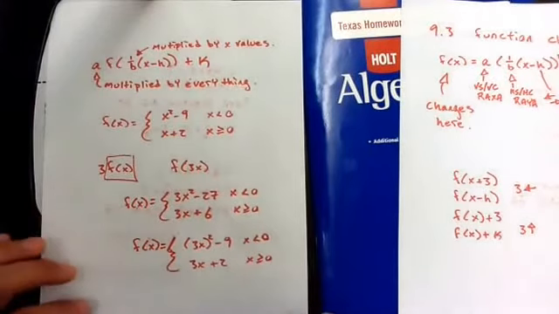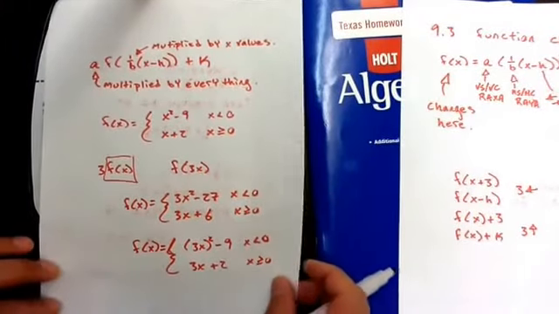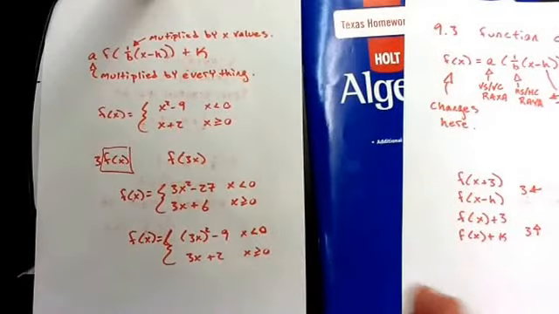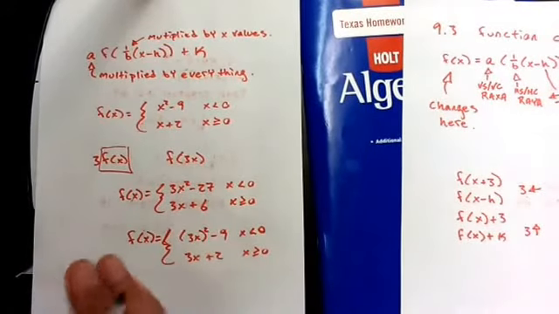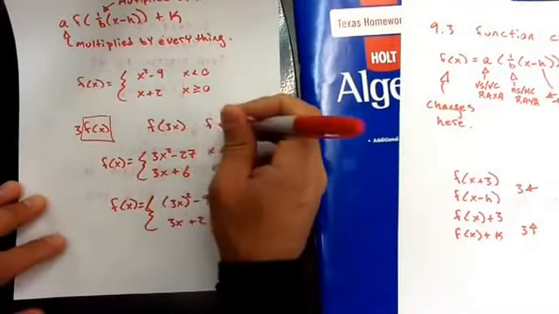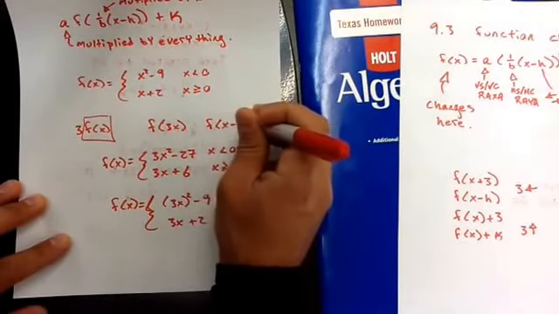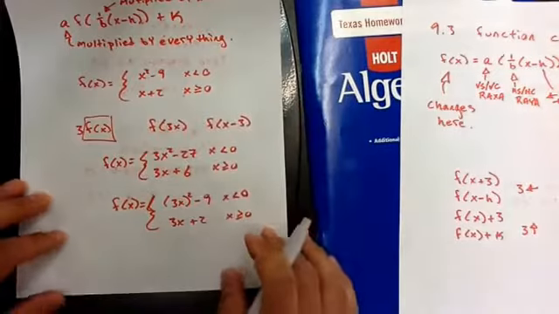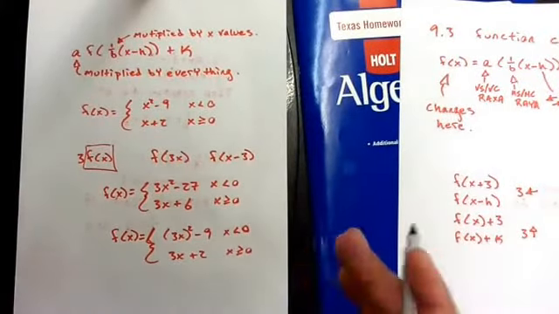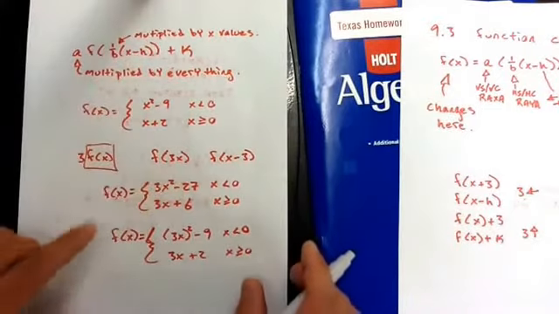Okay? Now the h. What is the h being added and subtracted to? Well, keep in mind that it's moving it over, so it's inside of parentheses as well. So if they gave me something like, that means that they want me to move every x value 3 units to the right. Well, how do I do that? It needs to be inside of parentheses here.